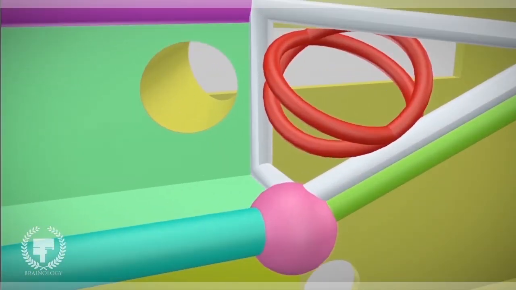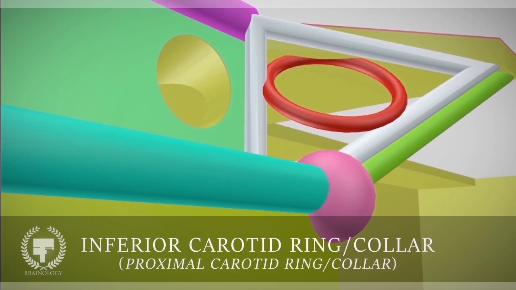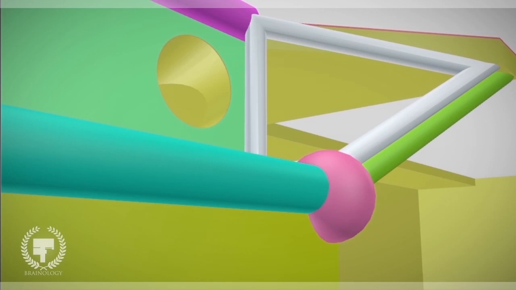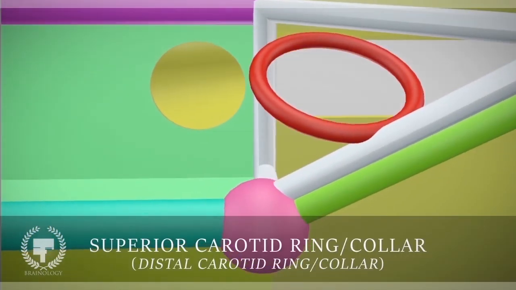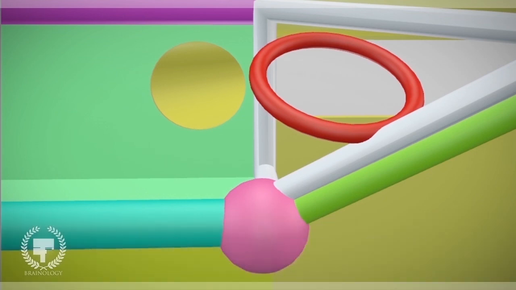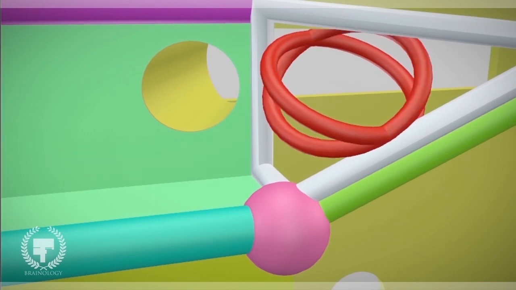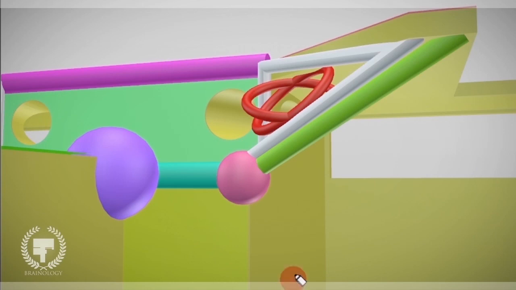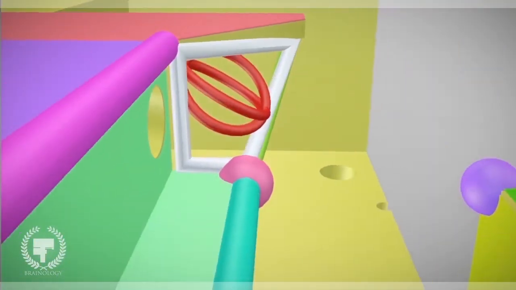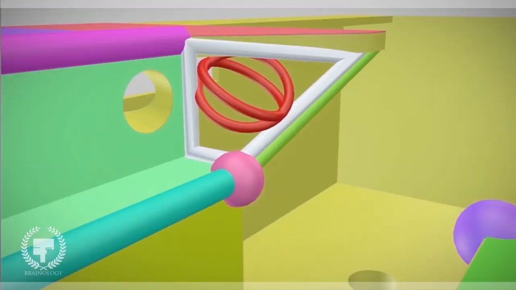This more inferior ring is called the inferior carotid collar or the proximal carotid collar, and the more superior ring is called the superior or distal carotid collar, and they are nothing but pieces from the dura mater. So if you think about the internal carotid artery, it will go through this carotidoclinoidal foramen and emerge up here through this collar.